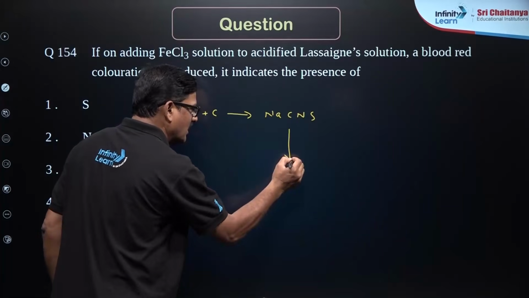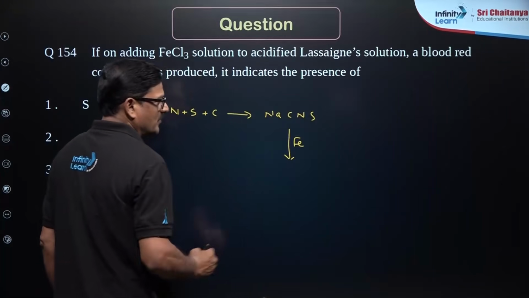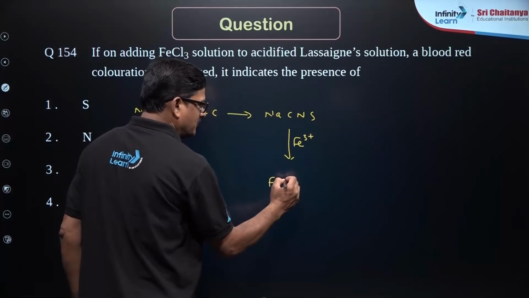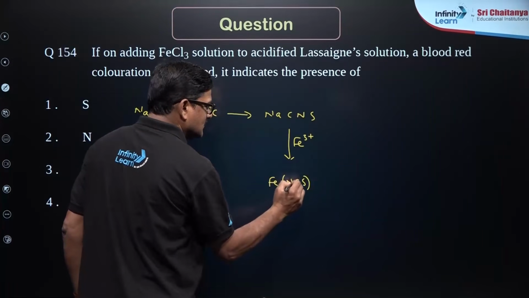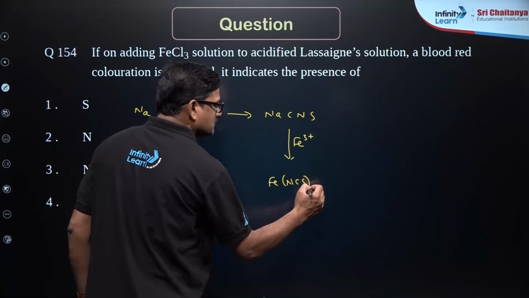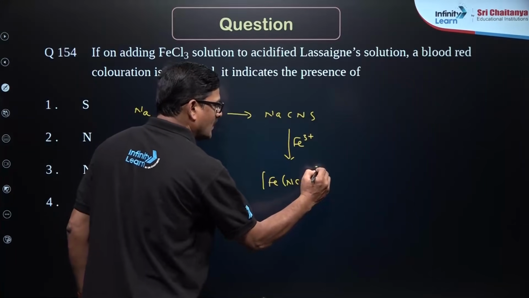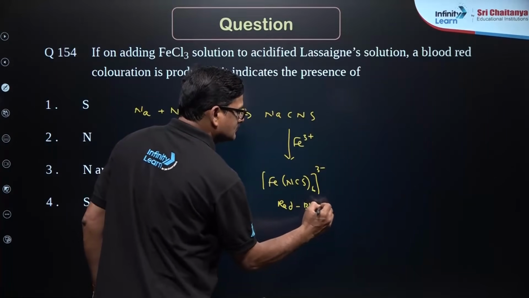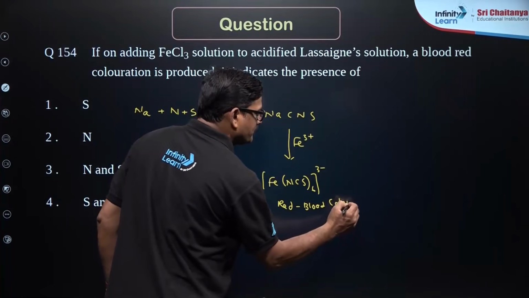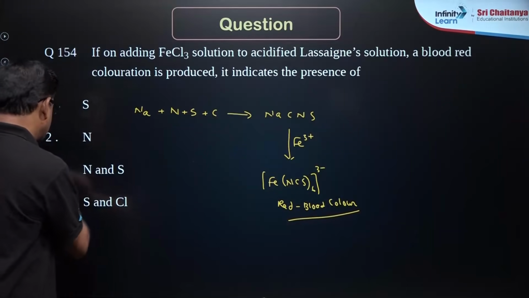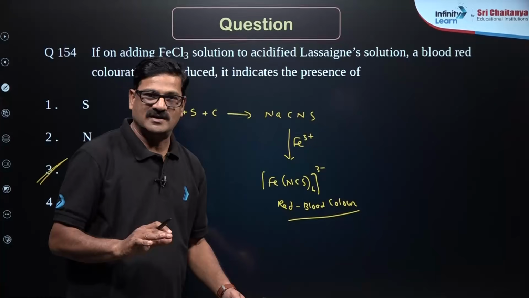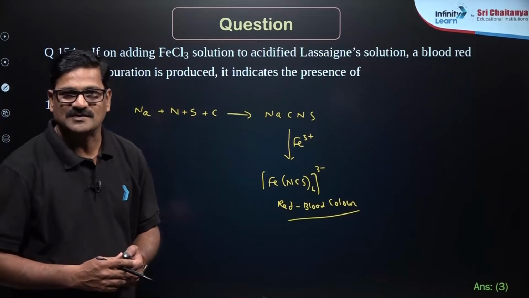To this, if you add FeCl3, which contains Fe3+, you are going to get FeNCS, a blood red colored solution. So the presence of nitrogen and sulfur is decided based on this Lassaigne's test. Option 3 is the correct answer for this question.